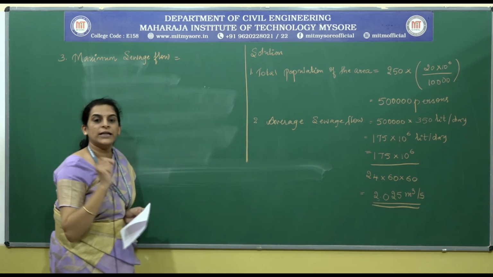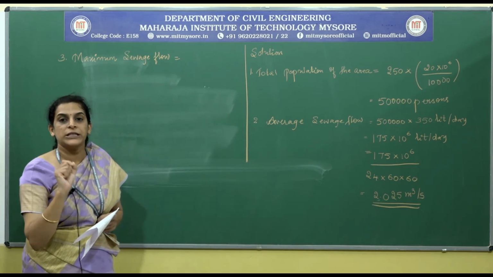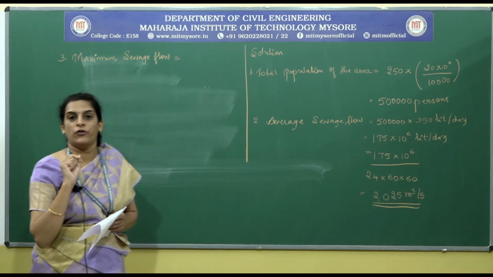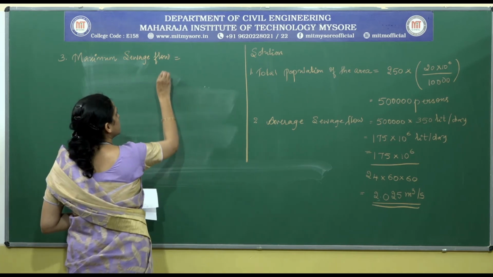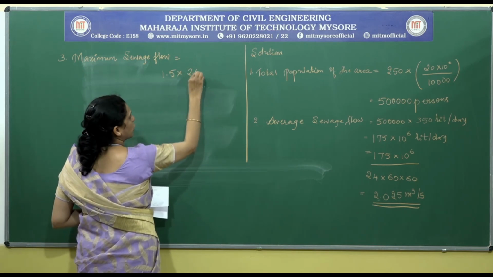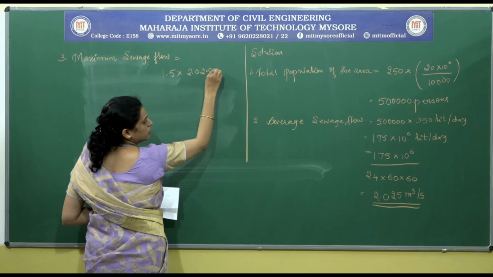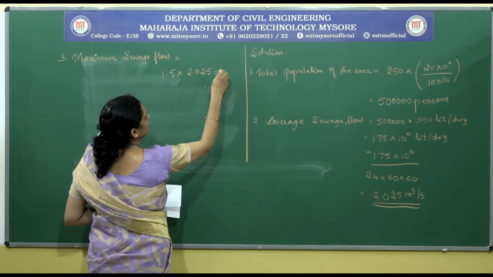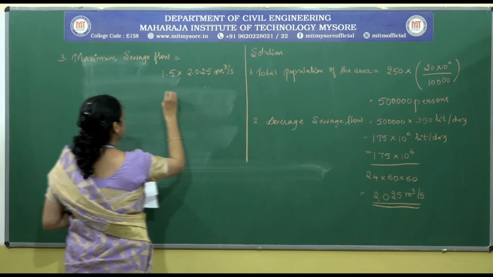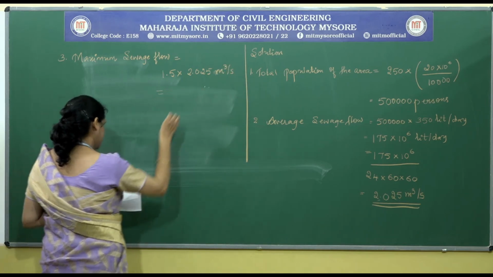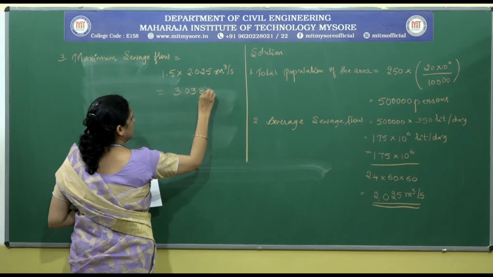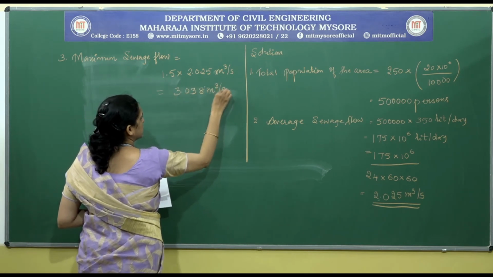It has been given in the data that the maximum flow or the peak flow is to be considered as 1.5 times the average flow. This will come around 3.038 meter cube per second.